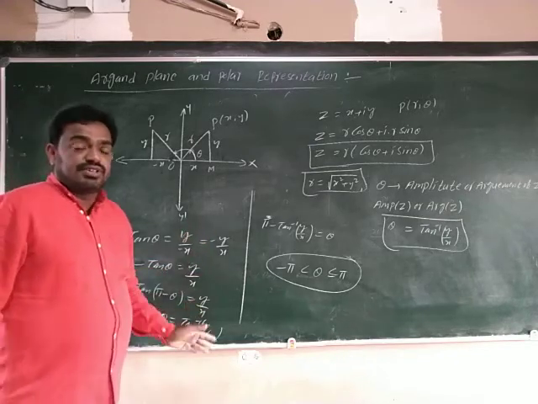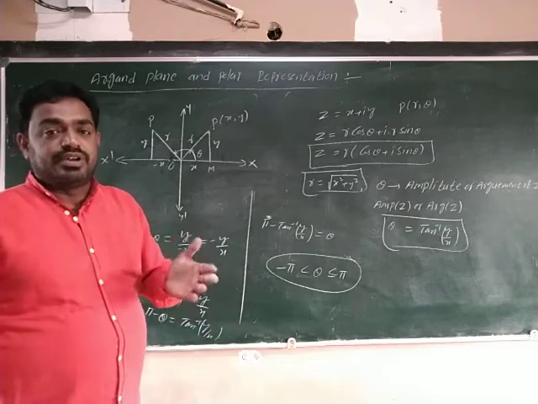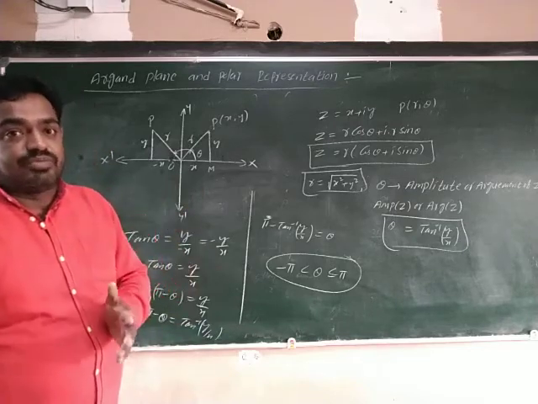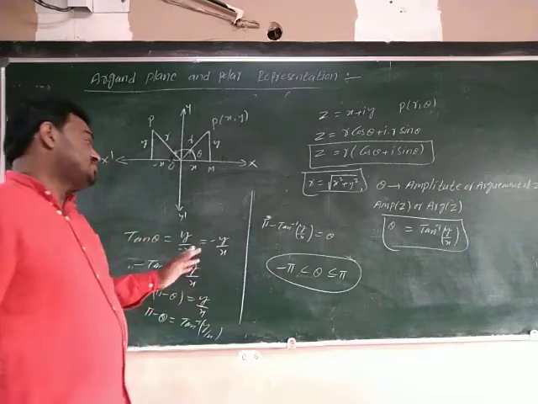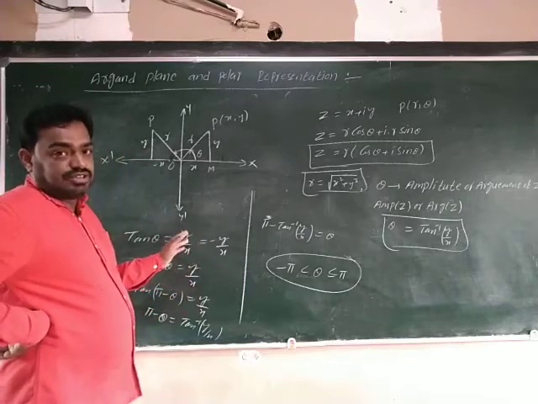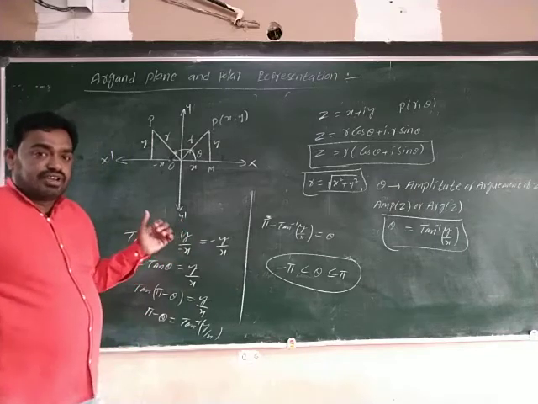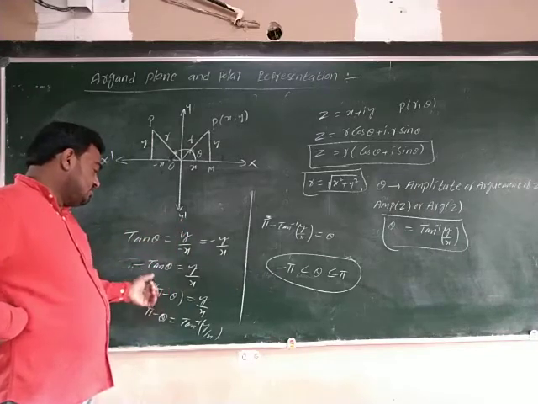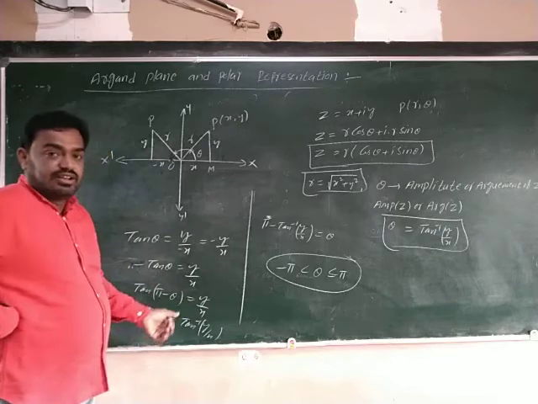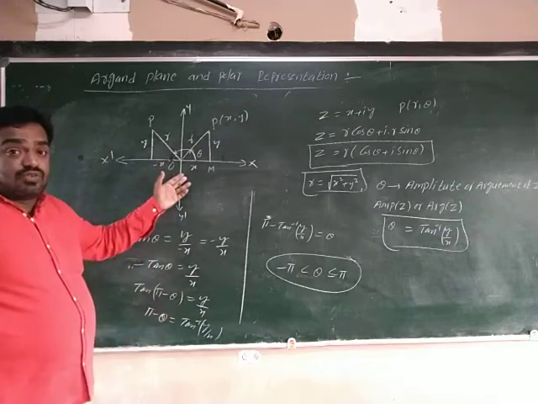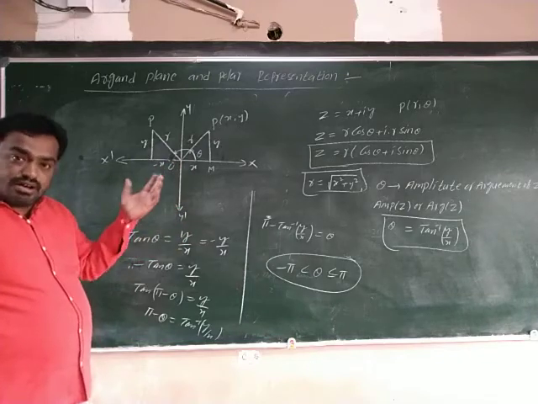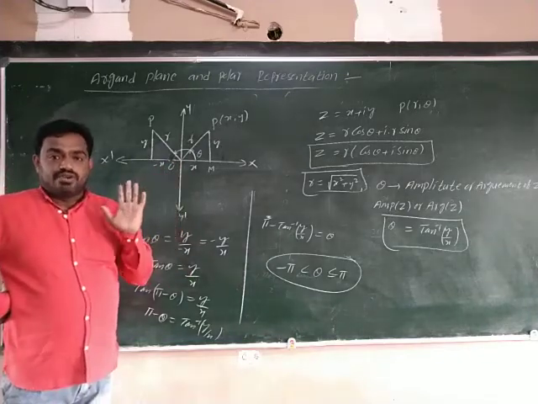We will discuss it clearly in the second video in the chapter inverse trigonometric functions, where we will study it completely. When we take minus tan theta, it equals tan of pi minus theta, or tan of 2 pi minus theta. These are all things we will discuss in the second video.